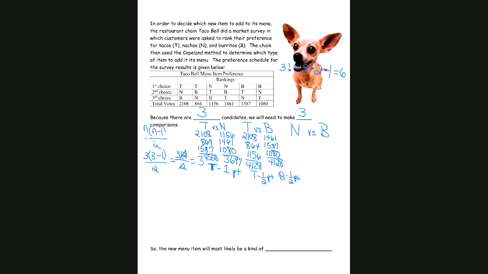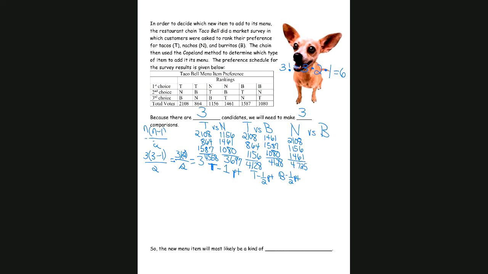And nachos is above burritos here, so nachos gets 1461. So 2108, 1156, and 1461. When I add that up, I think that's 4725.